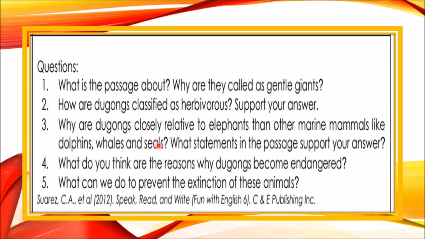In the second paragraph, the text states that dugongs are more closely related to elephants than the other marine mammals like whales, dolphins, or seals because, as you can see there, they are related to elephants because of what?